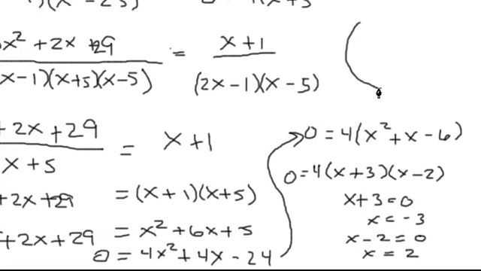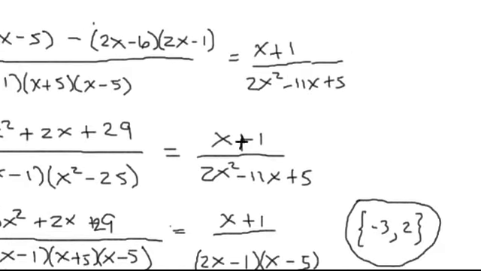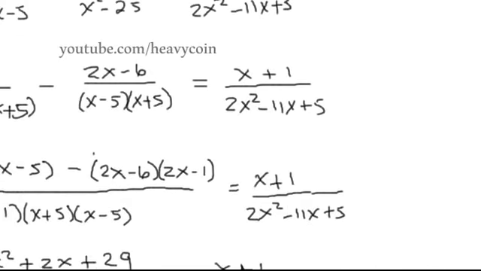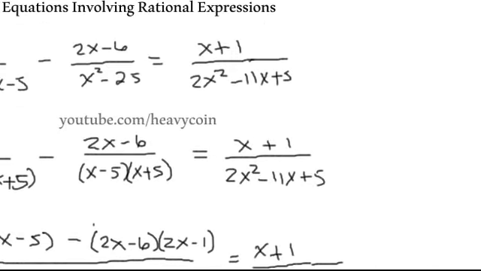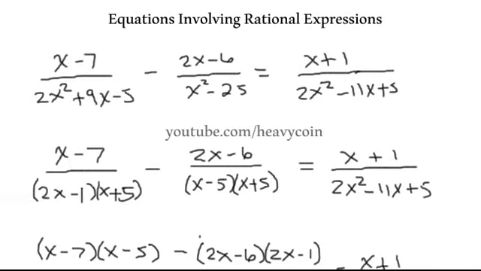So our solution set, I'm going to write it right up here, is we'll put a parentheses here for set notation, negative 3, 2. Now remember, we got to always go up, so negative 3, 2. Can everybody remember that? Negative 3, 2. Right.